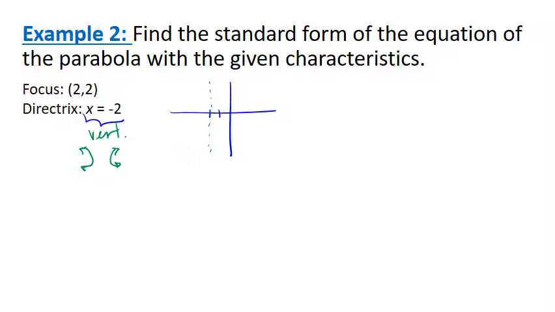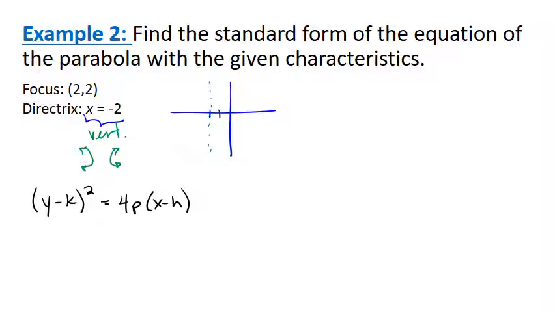So that means that we need to figure out which of the formulas to use. The formula that has the parabola opening right or left has a horizontal axis, which means my standard form of the equation needs to take this form.